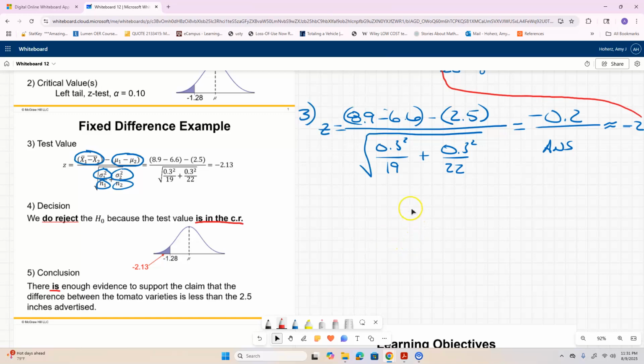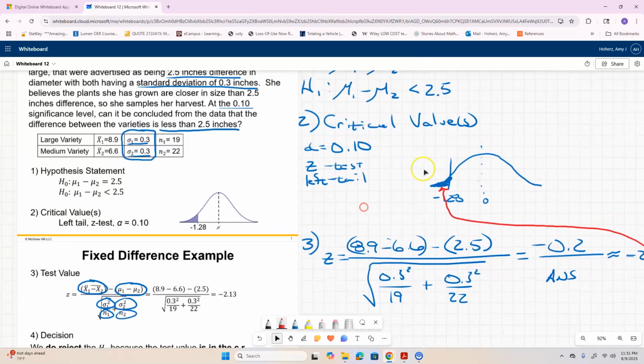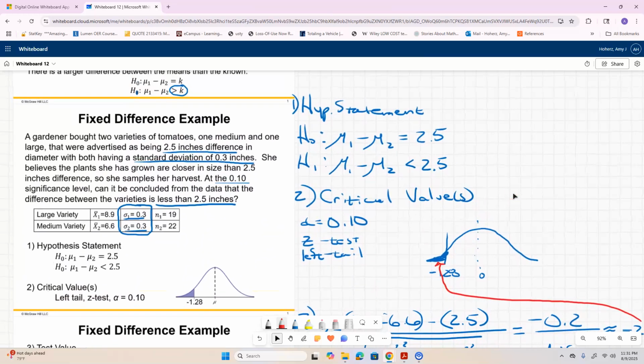Now I'm going to point out on this one, because I think this one's worded better than our last one was. So this is worded more along the lines of what a researcher would know. As I was mentioning, whenever you're doing a hypothesis test, usually the researcher will know these first two steps before they do any sampling.